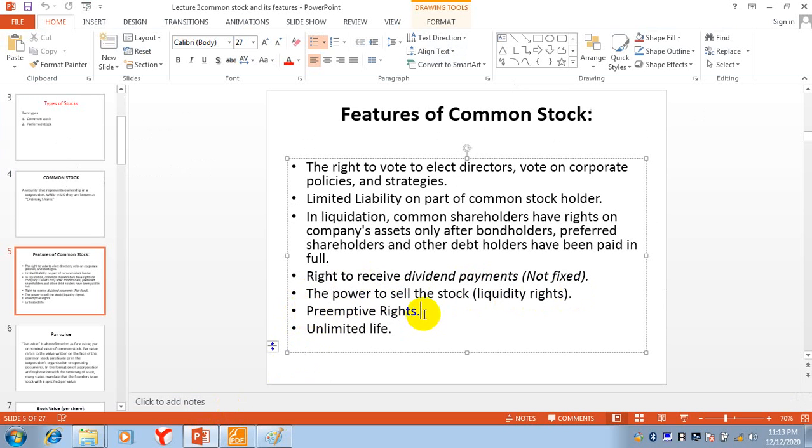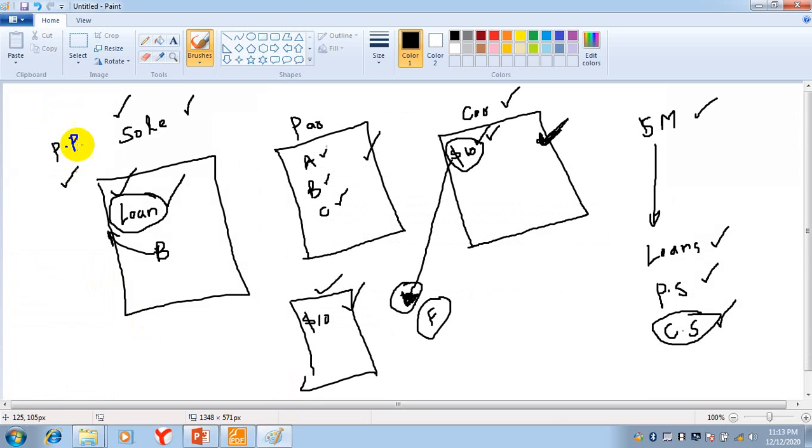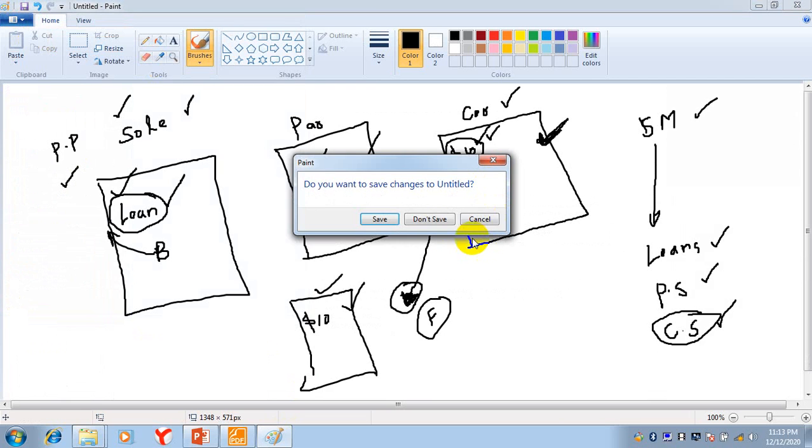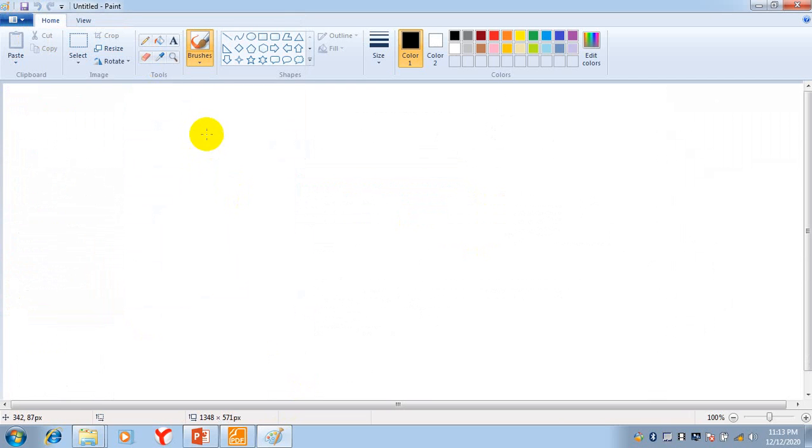The next thing is preemptive rights. What does it mean? Suppose this is a company. This company issued 10 lakh shares.